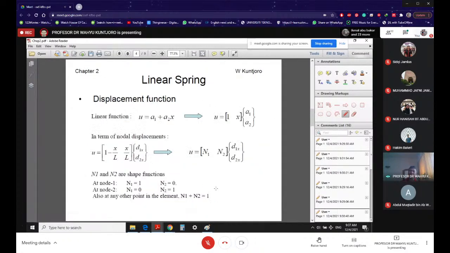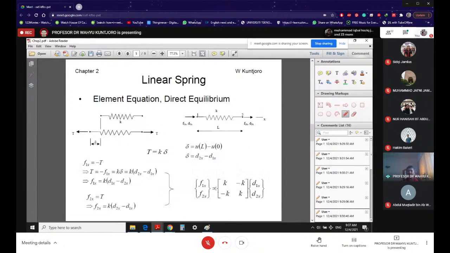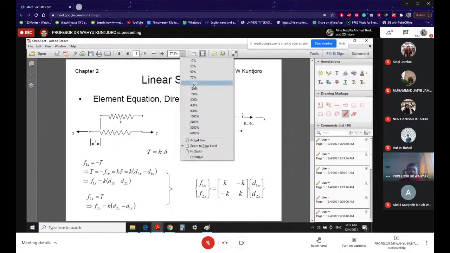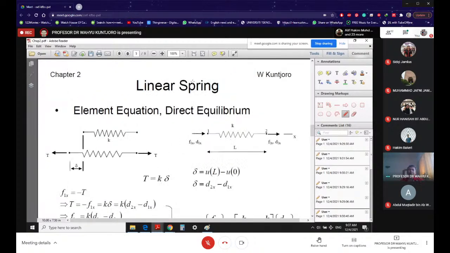I'm going to skip this. Let's look at what we have over here. What you see on the left is physics. What you see on the right is finite element.